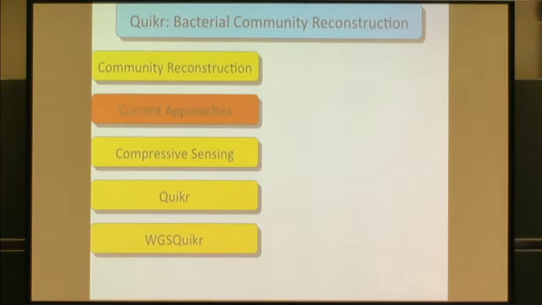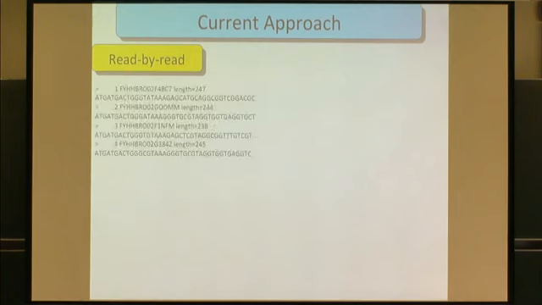Okay, so current approaches. What do people do currently? Read by read is, at the very highest level, the paradigm that people are using to answer this reconstruction question. If you have your data set and it looks like this, they take an individual read and do a bunch of computations on it.